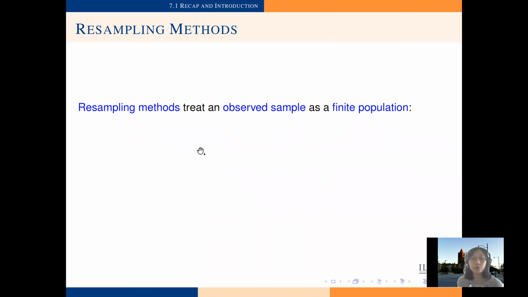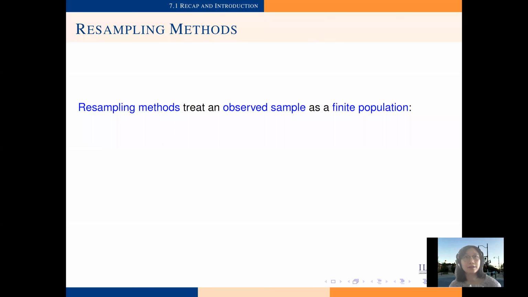Well, this is where resampling methods come into play. Resampling methods treat an observed sample as a finite population. In other words, what we have is our data, which are IID random samples of size n from an unknown distribution fx.